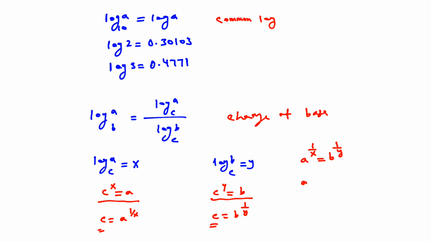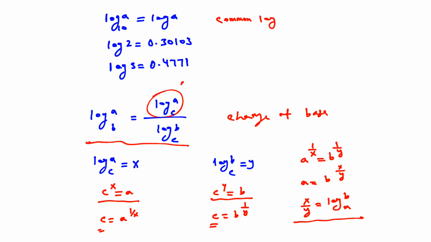From here, a would be b to the power of x over y. Both sides to the power of x. That means x over y is log of b base a, which is the same as saying x over y is log of a base b.